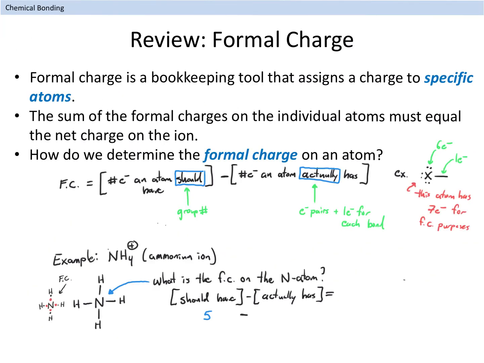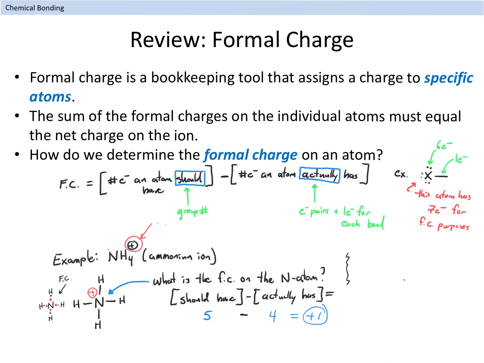Nitrogen should have 5, but actually has 4. So 5 minus 4 equals +1. So nitrogen has a +1 formal charge in ammonium. Since none of the other atoms in ammonium have a formal charge, the total formal charge of ammonium is +1, thanks to that nitrogen atom.